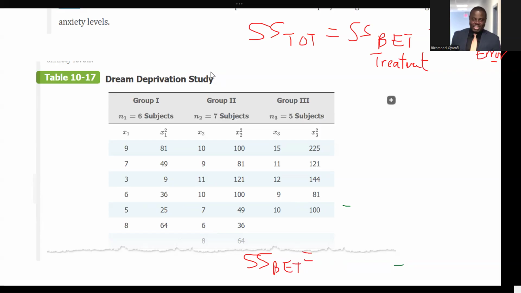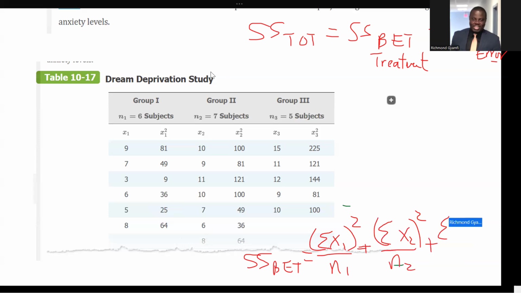So summation of x1 squared divided by n1 plus, you do the same thing for group 2, squared divided by n2 plus summation of x3 squared over n3 minus, so you add all of these and then minus summation of x total squared divided by the total n, the big N.